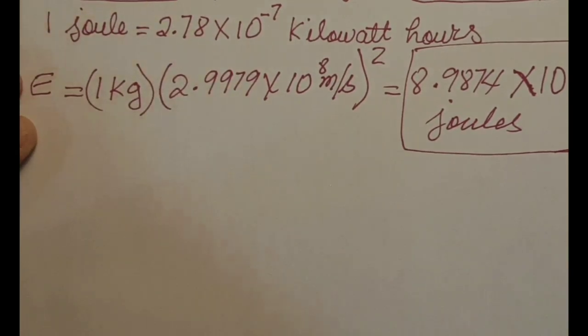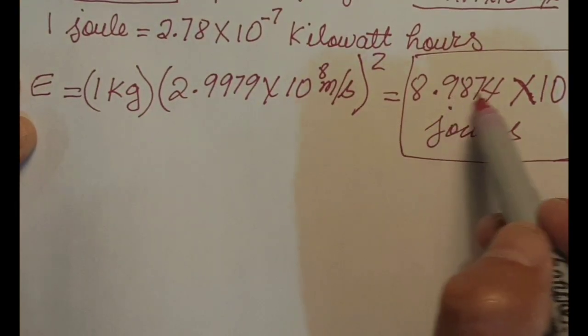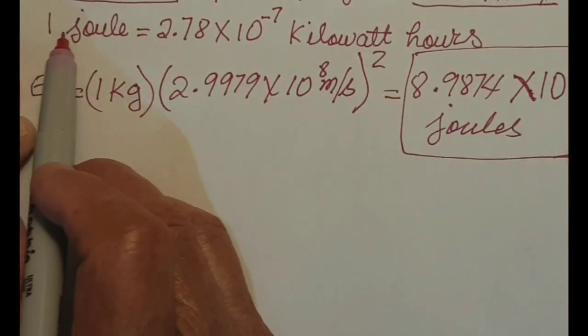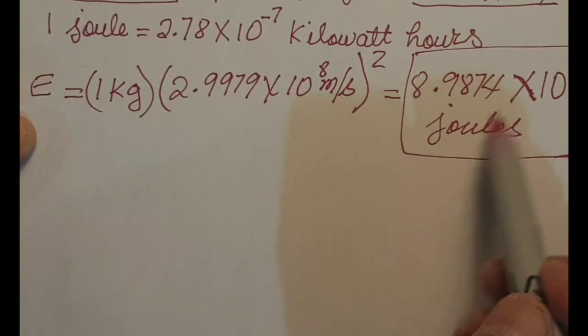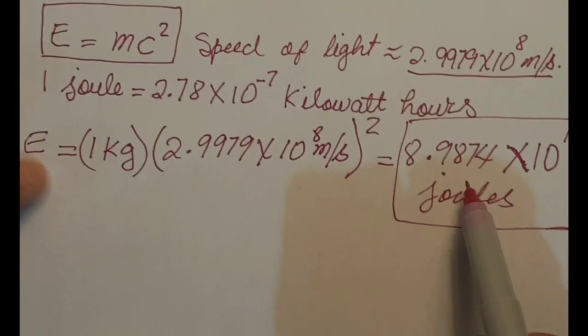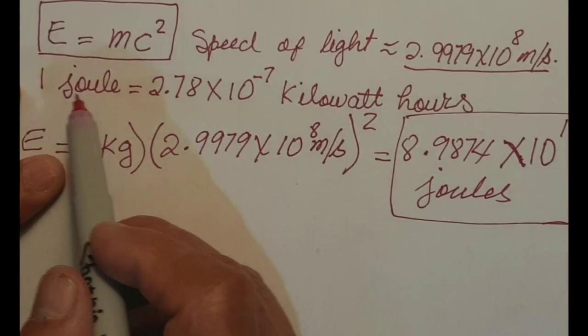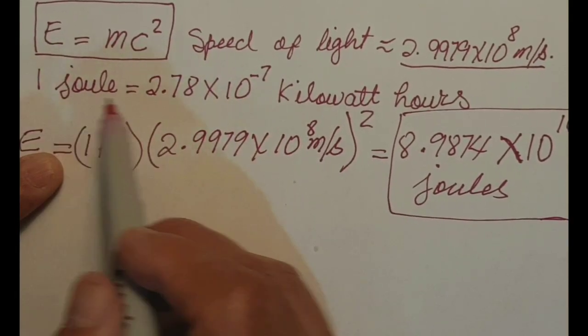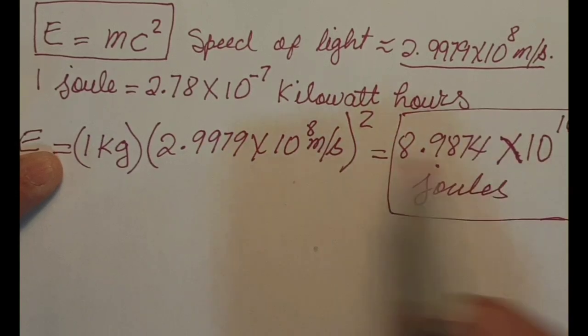Since we have the energy here in joules, we have to multiply by the equivalent of every joule. Whatever is the equivalent of 1 joule. So multiply this by this.